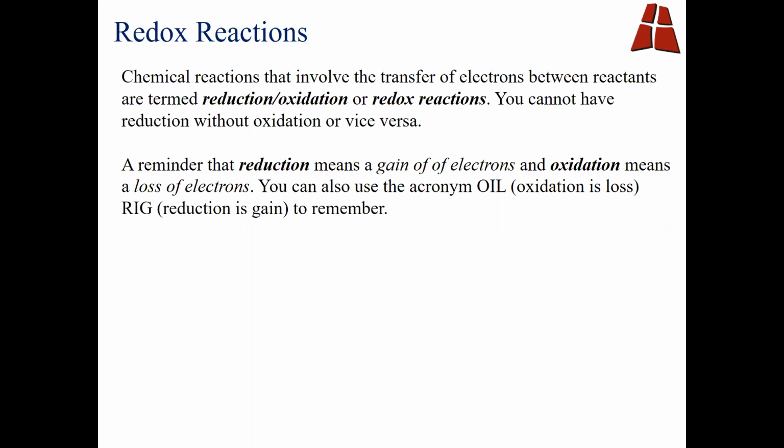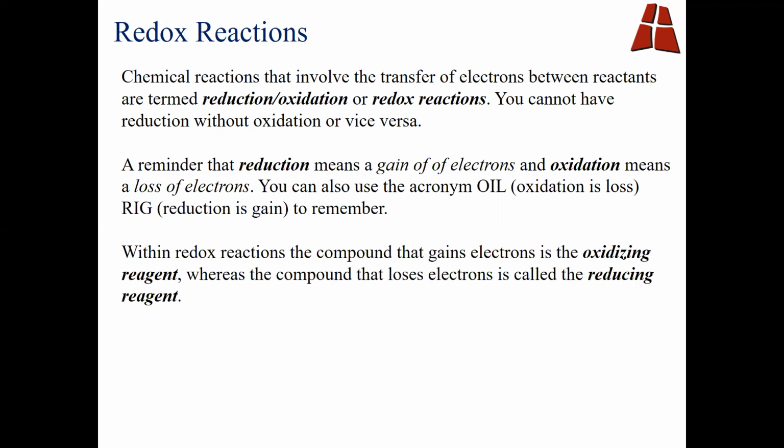Reminder from Gen Chem 1 that when something is reduced, or when reduction occurs, that means it is gaining electrons, whereas when something is oxidized, or an oxidation occurs, that means a loss of electrons. If it's helpful, you can think of the acronym OIL RIG. So oxidation is loss and reduction is gain, to remember which way your electrons are moving.